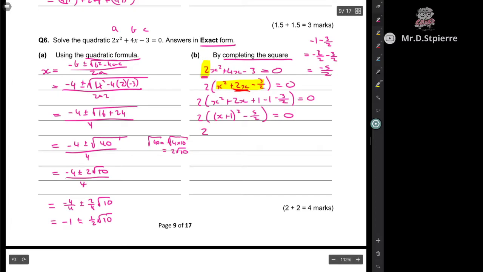So now we get 2 bracket x plus 1 all squared take away 5 on 2. We want to write that as the difference of perfect squares. So we get root 5 on 2 all squared, equal to 0.